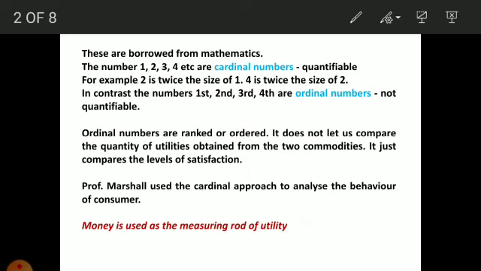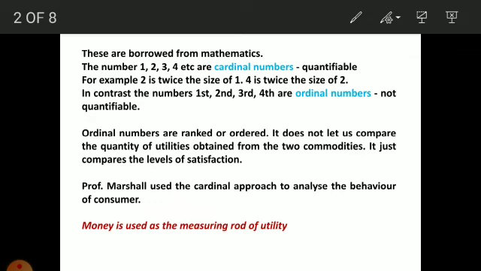The terms cardinal and ordinal are actually borrowed from mathematics. The numbers 1, 2, 3, 4, etc. are all cardinal numbers.